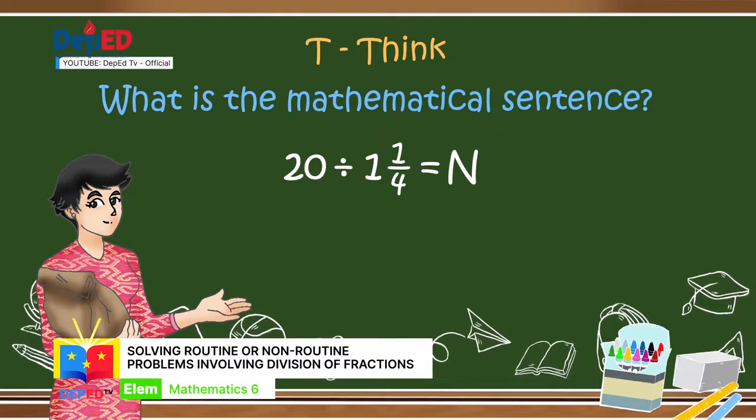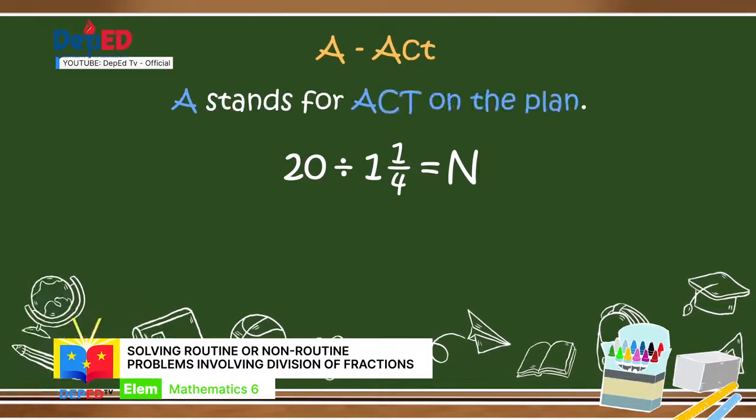Step 3. A stands for act on the plan. It means let us solve now the problem by showing our solution. 20 divided by 1 1/4 equals n. Remember the steps in dividing fractions?